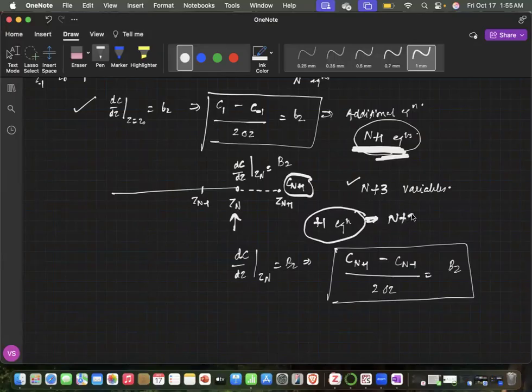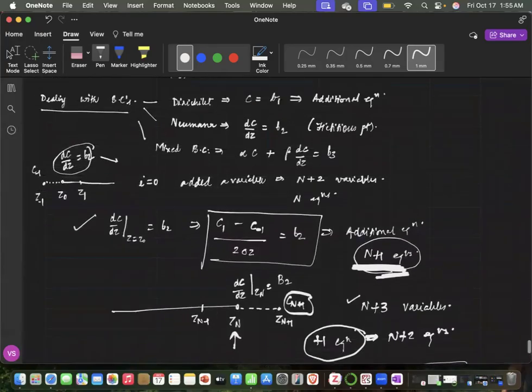So that makes it n plus 2 equations. And finally, we applied the finite difference here. That gives you an additional equation. So now we have n plus 3 equations. So we have n plus 3 variables, n plus 3 equations, and therefore the problem is now solved, right? Now this problem can be uniquely solved.